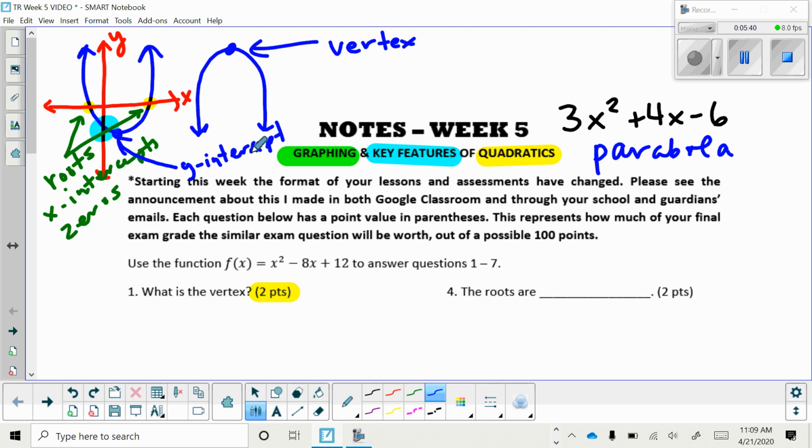And so that's some of the basic vocabulary that we're going to be talking about today. We're spending most of this lesson finding those points algebraically, not by just looking at a graph. It'd be easy to just find it from a graph, but we also can do it using our math skills. And so that's what we're going to spend the first part of this lesson doing.